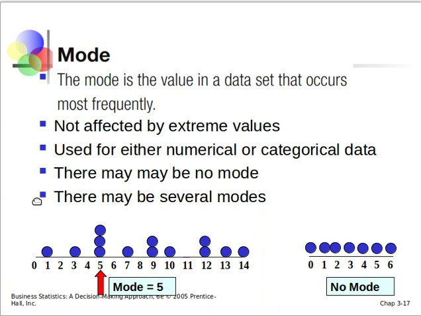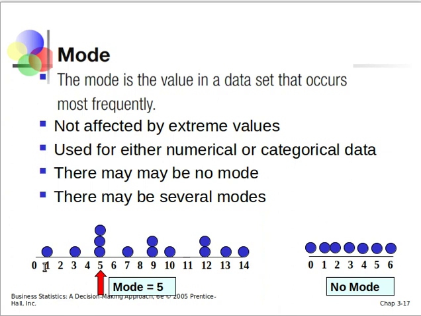Sometimes there can be no mode at all in the data set. Like here, there's no mode because equal ang distribution. There are seven elements in the data set from 0 to 6 and equal ang ilahang distribution, tag 1 lang. So wala siya mode.